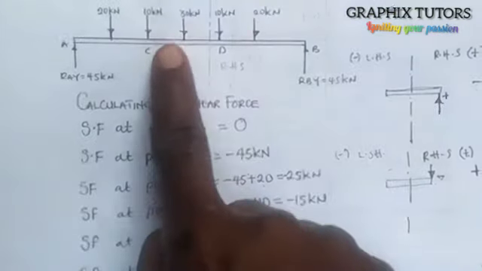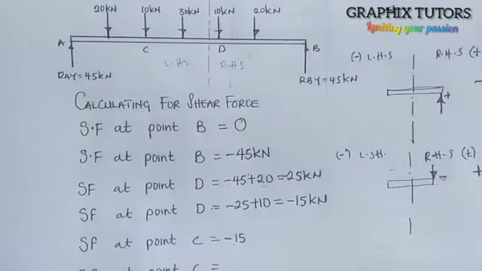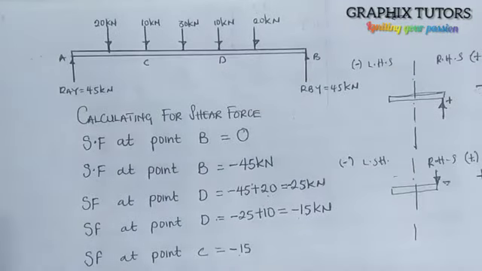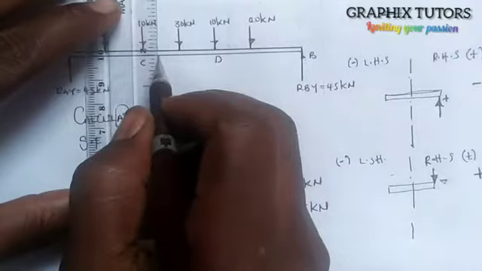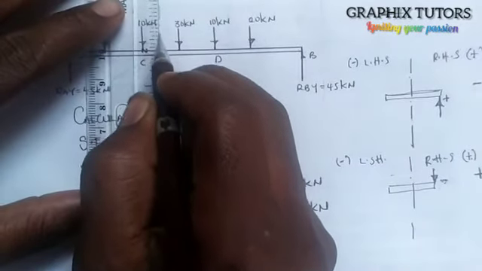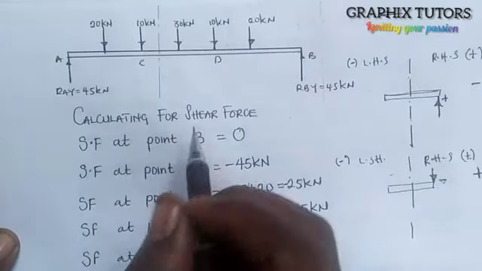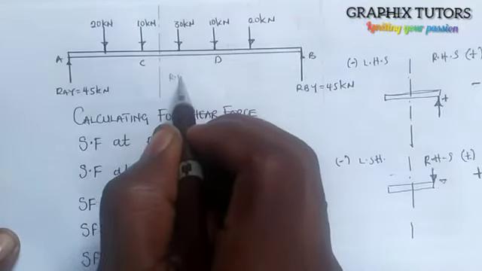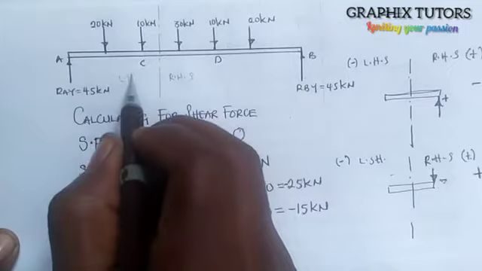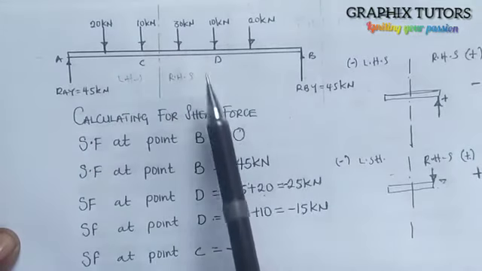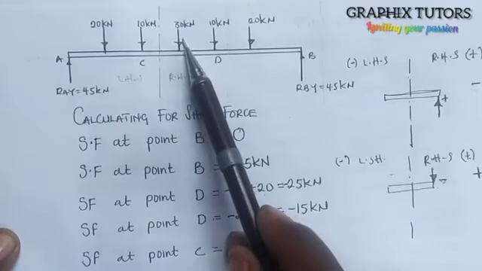Now the next one will not be what? Before C. So let me do that. So I'll do before C. Now doing before C, this will now be the right hand side and this will be the left hand side. Now the new force I've introduced is 30, right?